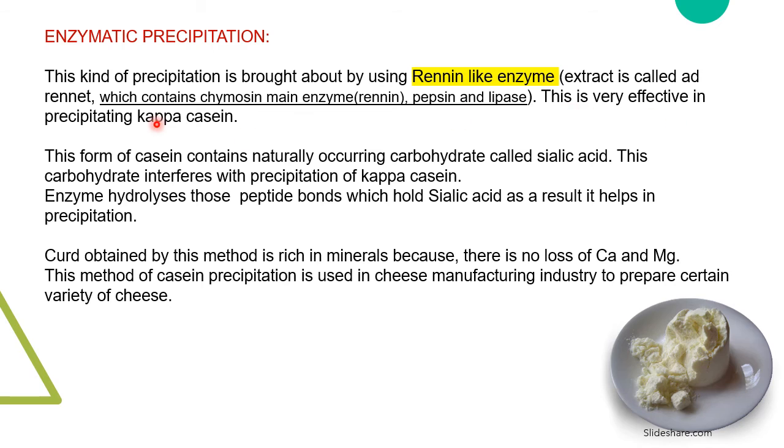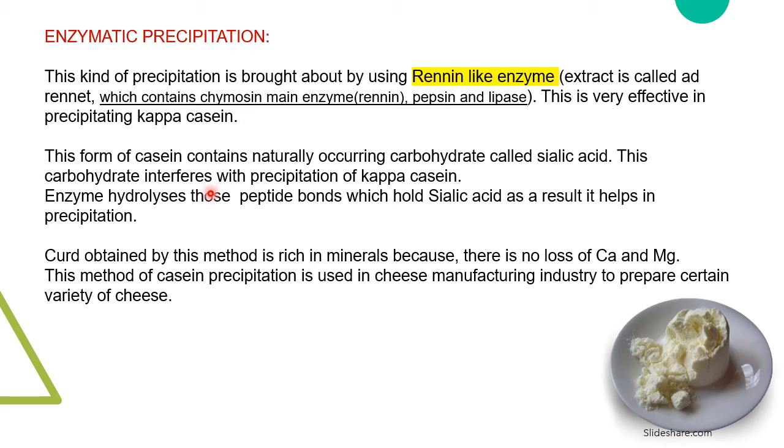This is very effective in precipitating kappa caseins, right? We had seen that in the previous slide where there was a diagram. You can go back and refer to that if you are still confused. This form of casein contains a naturally occurring carbohydrate called sialic acid. Yes, it is named sialic acid, but it is a carbohydrate. It is an acidic sugar with 9 carbons in structure.